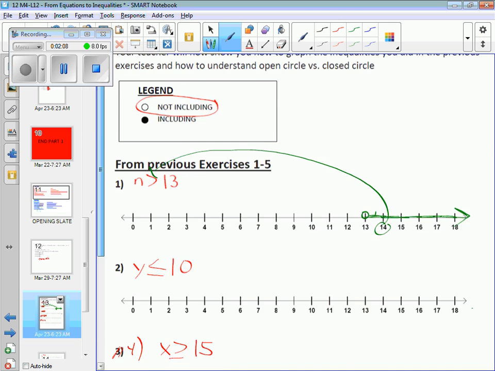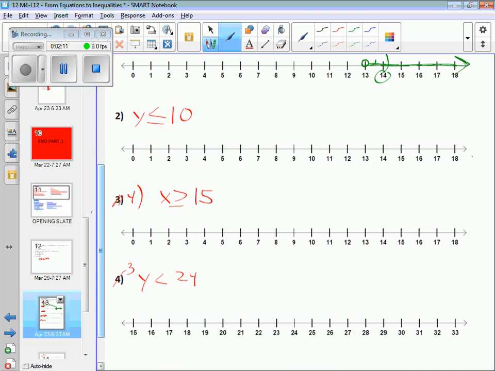Okay, now less than 10. Again, I put my pencil lightly where 10 is on my number line. Everything less than 10, is it to the left or to the right? So I'm going to do the same thing. I'm going to shade a line right on the line.